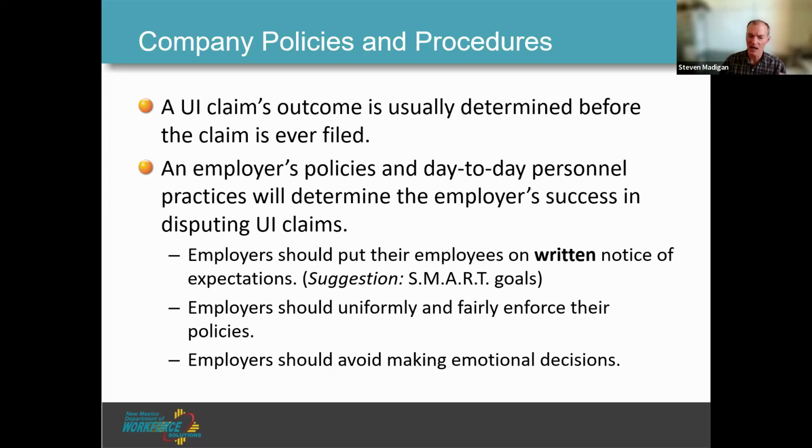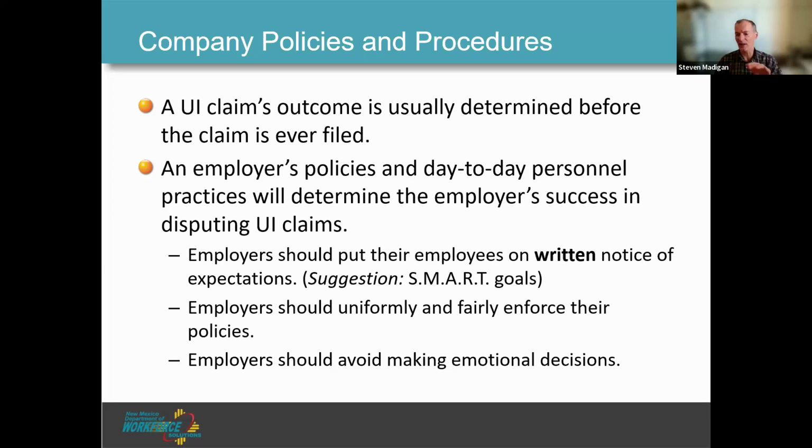One of the other things that we do consider is if the policies are uniformly and fairly enforced across all similar groups of people. So say, for example, there's an attendance policy, and a person was discharged because they were tardy and then they called in sick late. And that, according to the policy, is a fireable offense.